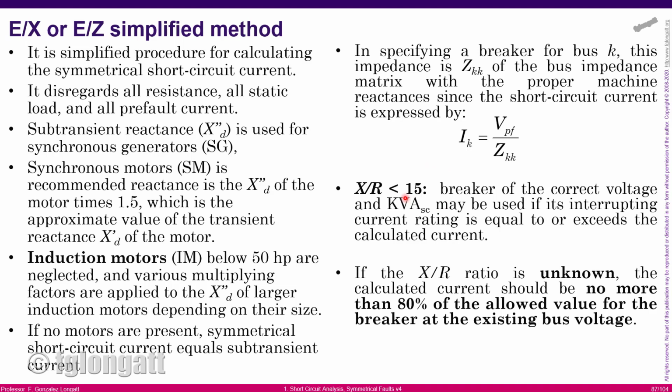If you know the resistance and reactance at the fault point, and this ratio is below 50, you can use the full current to calculate the capacity. If you don't know the relationship between reactance and resistance, what you need to do is allow 80% of the value of the short circuit current to be used to specify it.